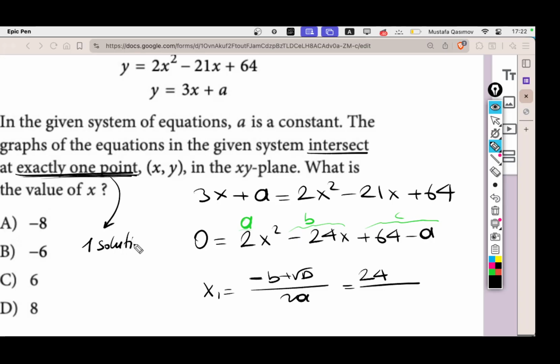Yeah, one solution. Then the discriminant could be 0, maybe. And a is equal to 2. 2 multiplied by 2, it is 6. Do you understand? Yes. Okay.